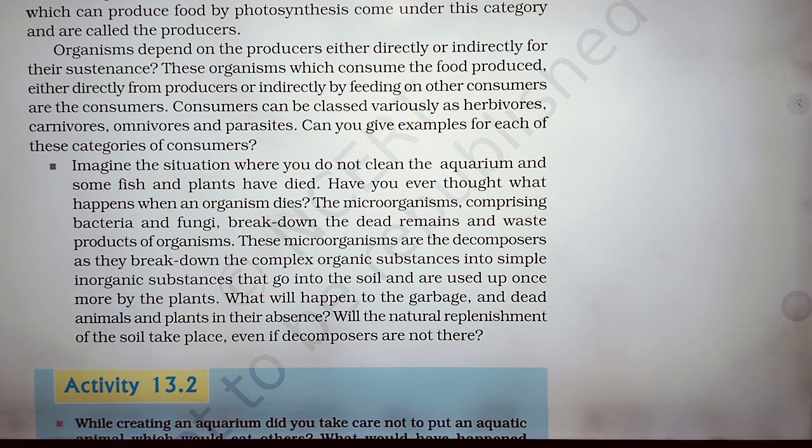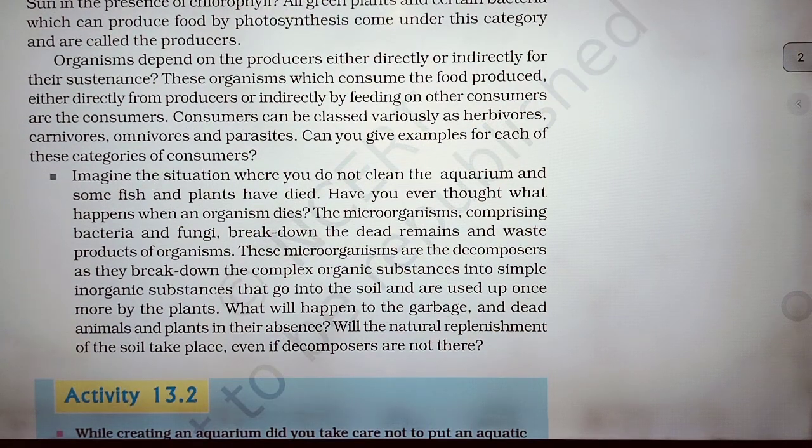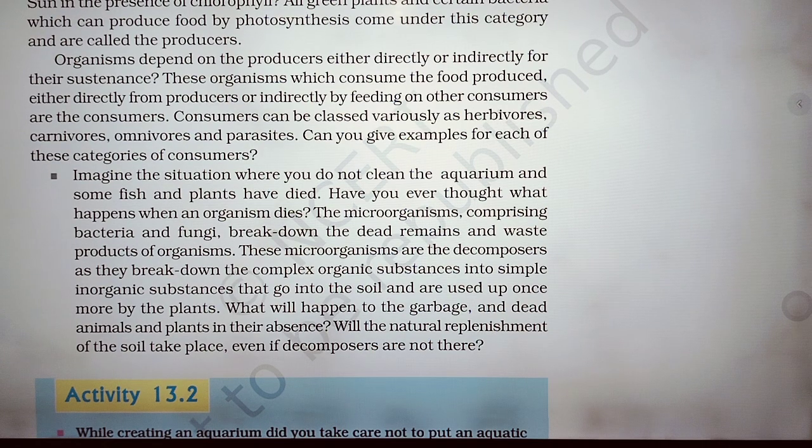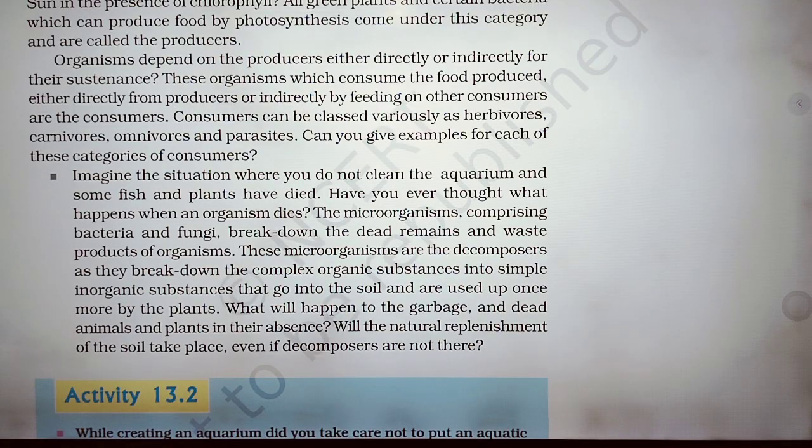Yes, of course. Cow and goat are examples of herbivorous.